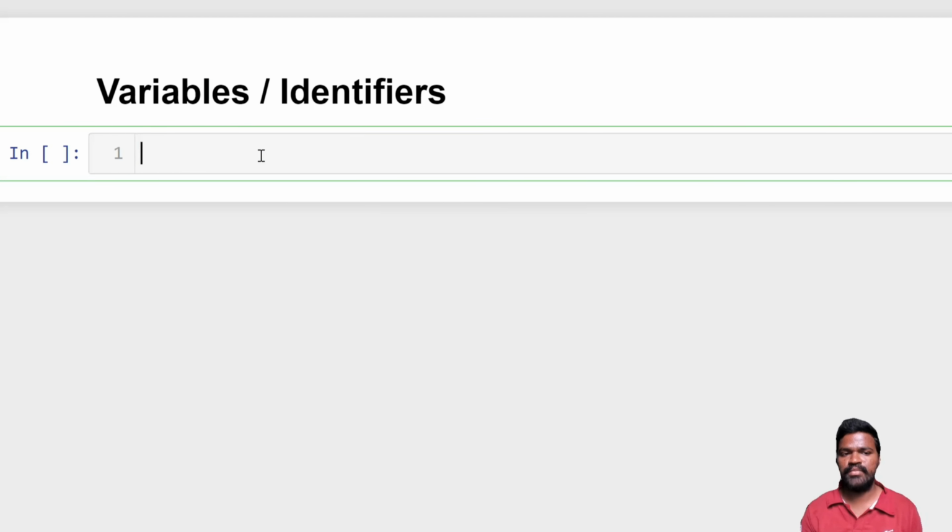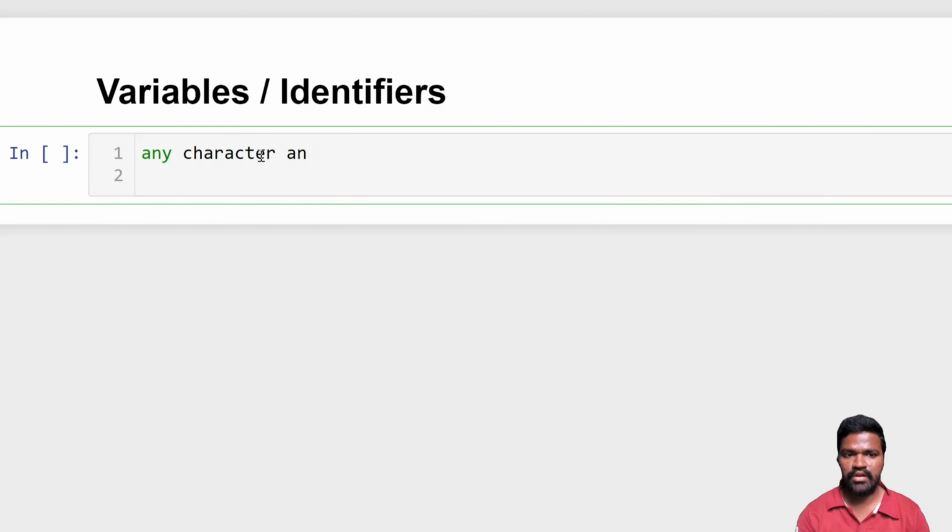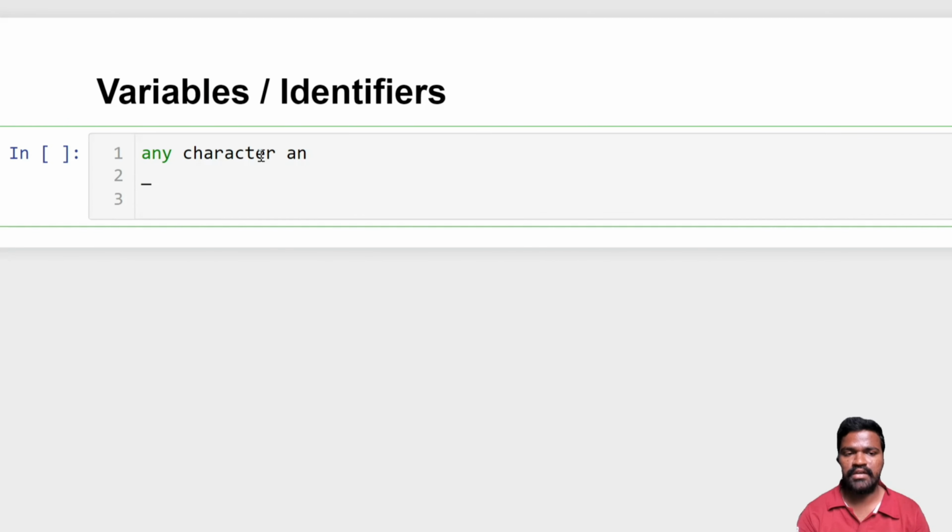So in this video, we will see what rules we need to follow while defining variables. The first thing is how we can define a variable. For defining variables, we can use any characters, and we are also allowed to use an underscore and digits.